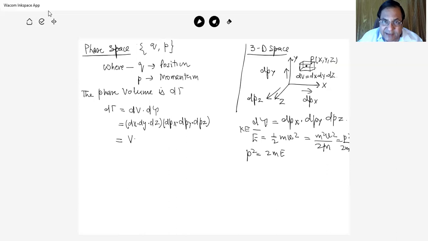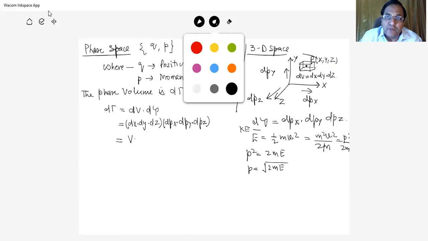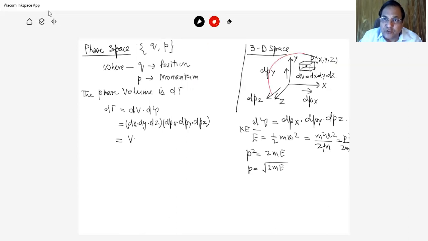So in this case, we have p equal to under root 2mE. If we select a space of volume with the value p, then this dτ is equal to 4/3 π p cube.